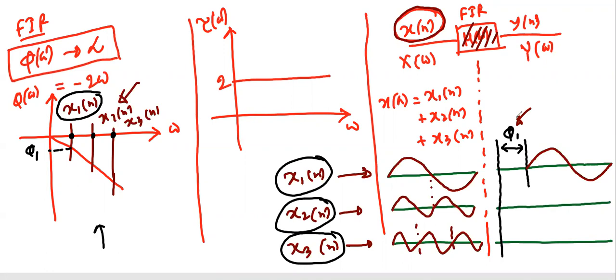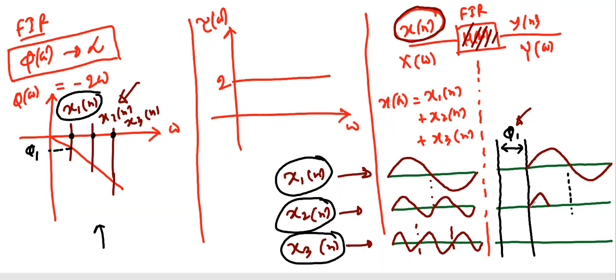Now let me draw the line extended version of this one, and now the second one, x2[n].